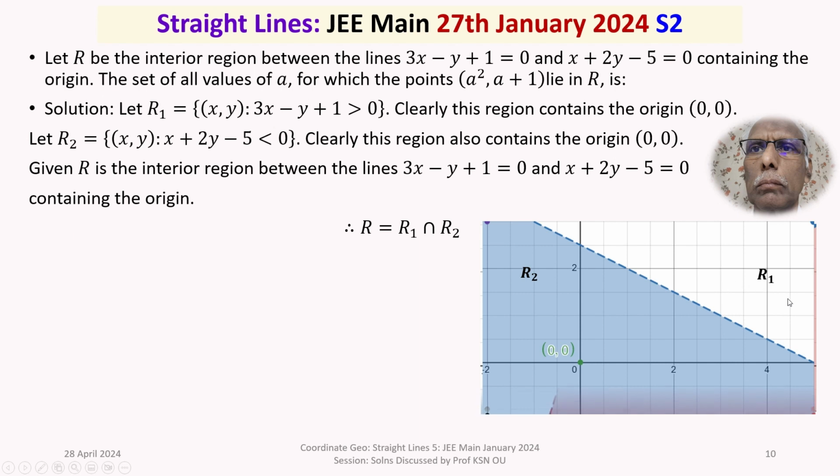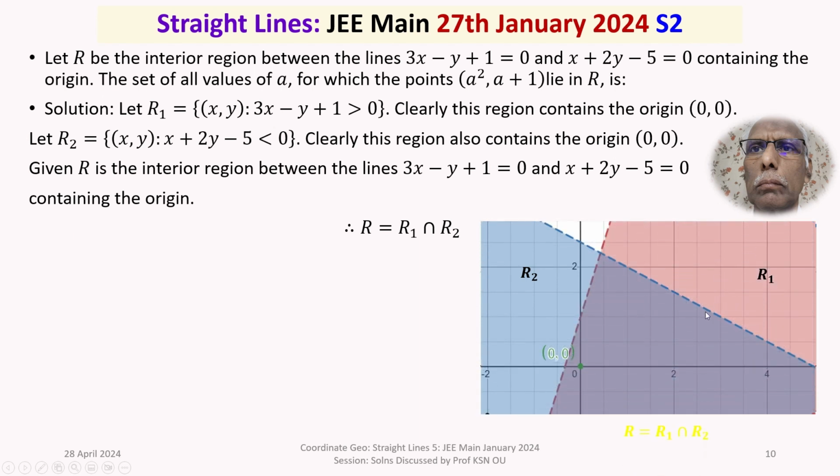R1 is this one, brick red color, R2 is this one. This mixed color one is the region R containing the origin between these two lines, and R is R1 intersection R2.